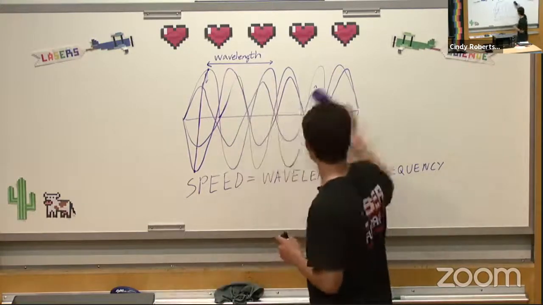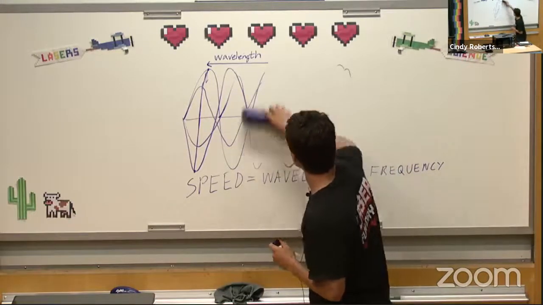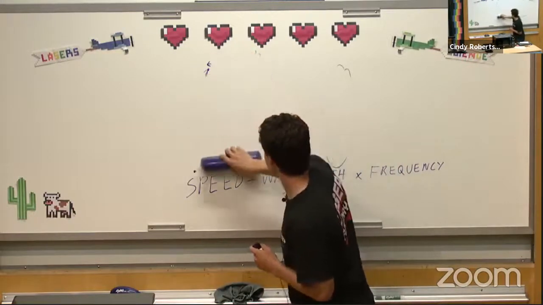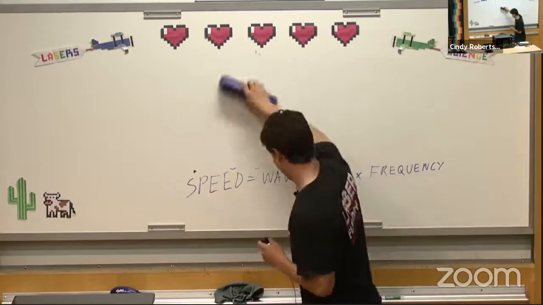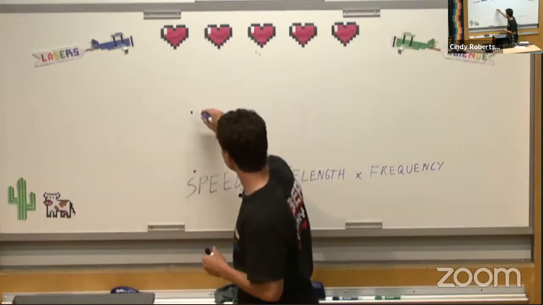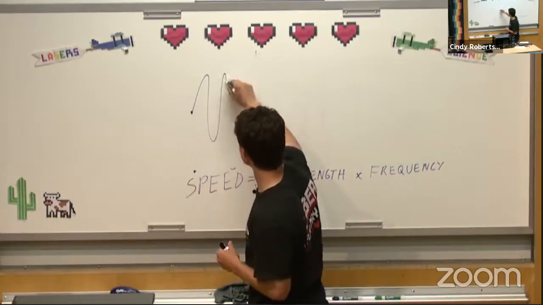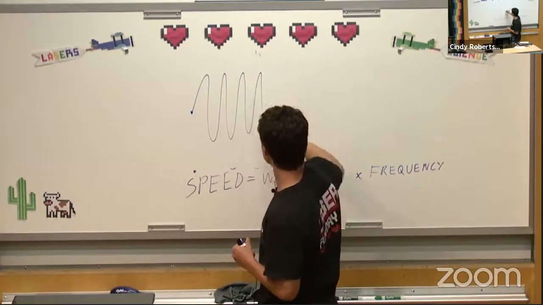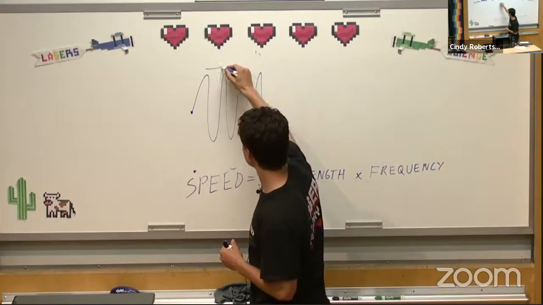So let me just illustrate that. For example, if we had blue light, the distance between these peaks is going to be something like that.